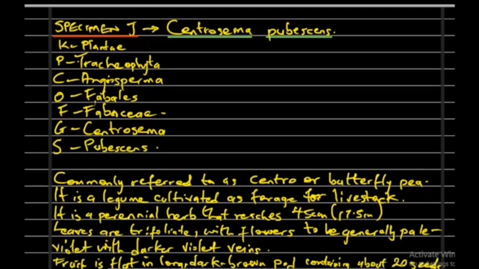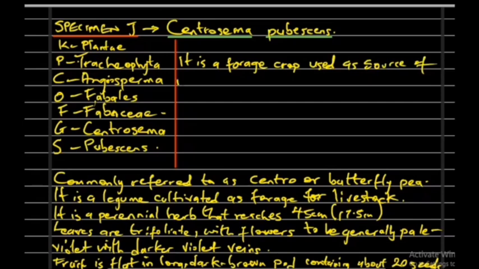So like I said, it is used as a forage crop and source of protein for grazing animals, for farm animals.